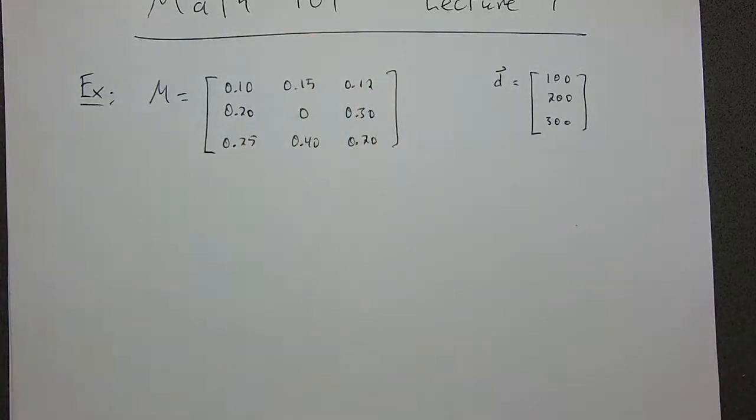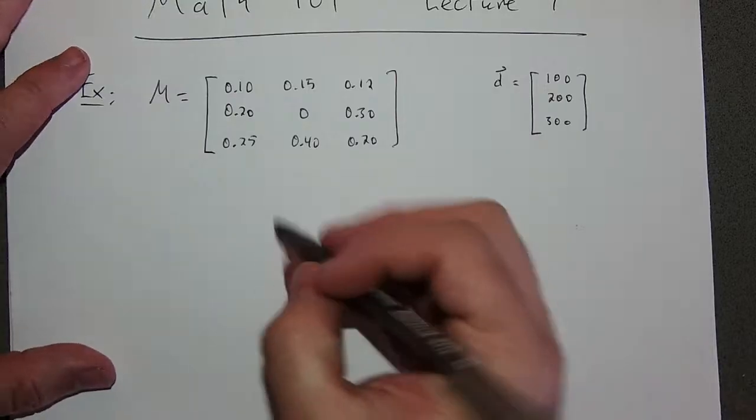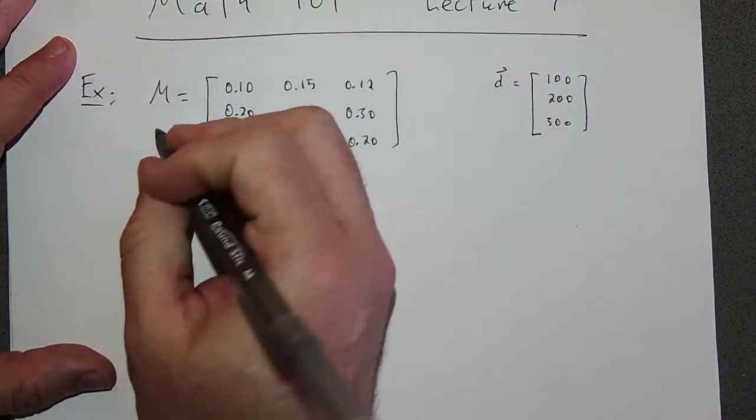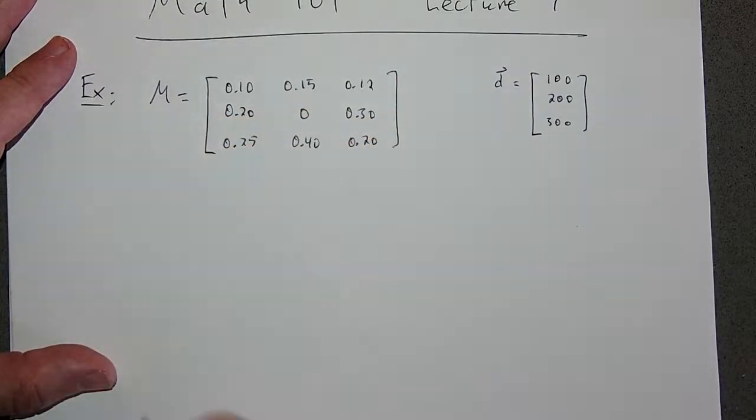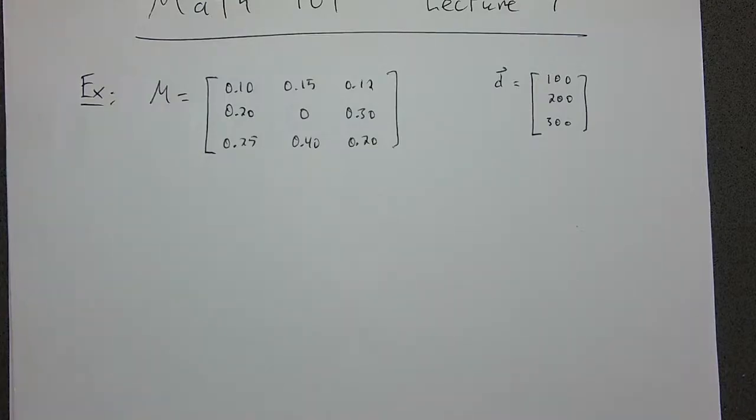For this M, what I'm looking for is I minus M. I minus M is going to be invertible in this case, which we can check by computing its determinant.